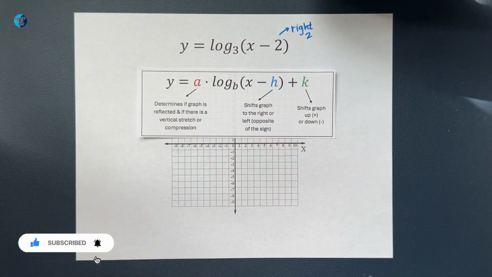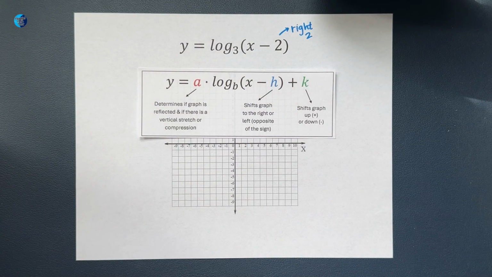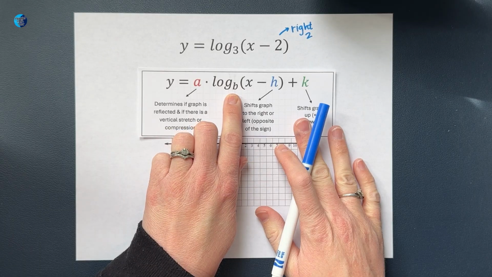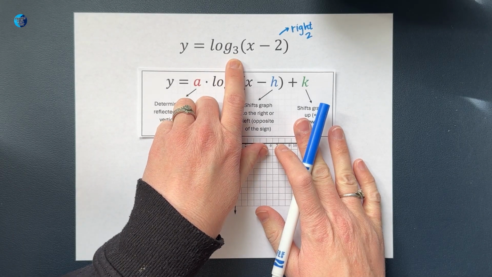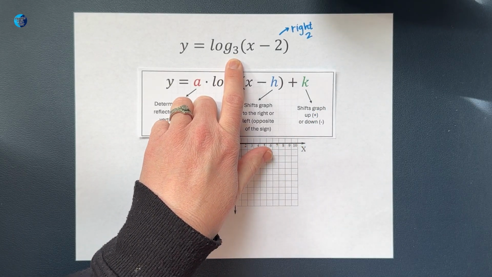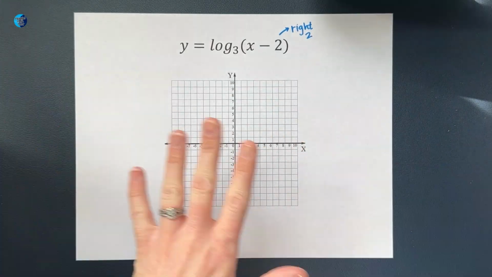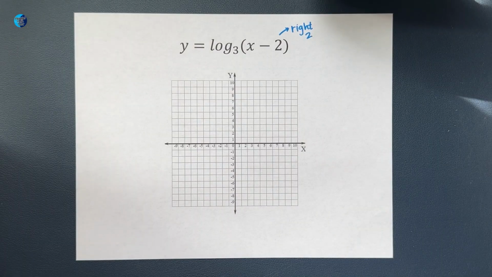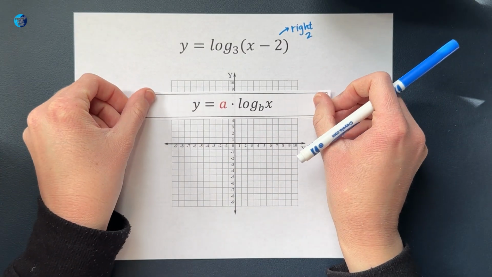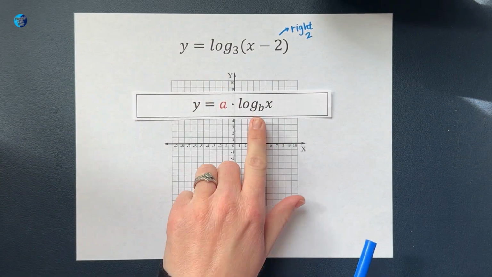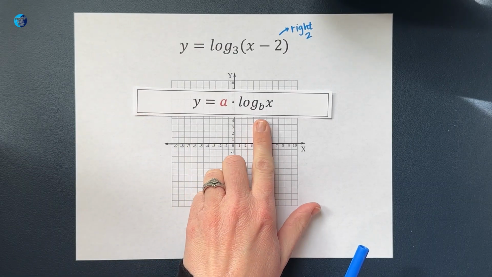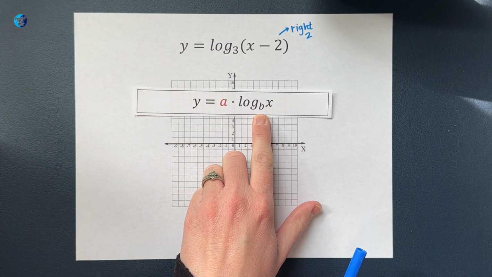The other thing to take note of is my parent graph will be a little different based on what b is. So in my graph on this one, it is 3, but that could literally be any number. So what we usually do is figure out what our parent graph is based on that number. So we're going to have our parent graph have a 3 as the base.